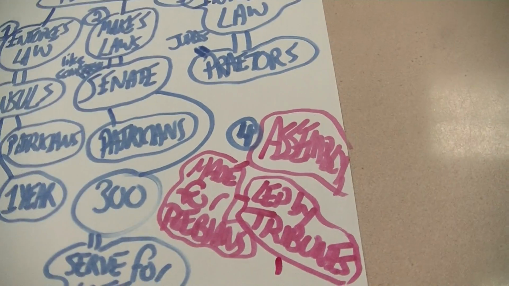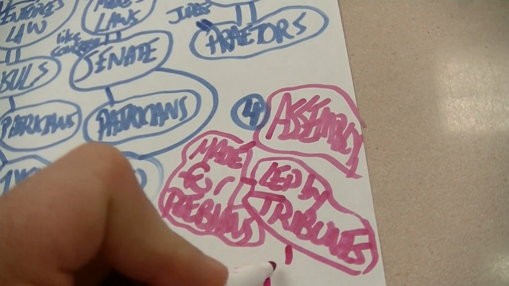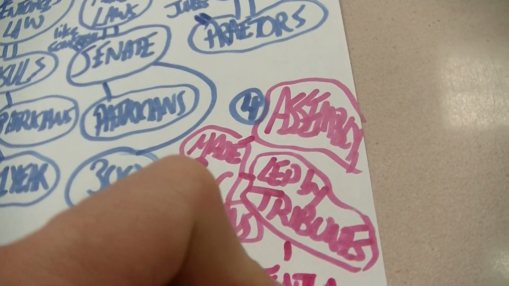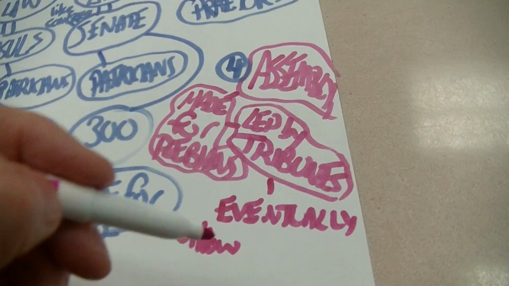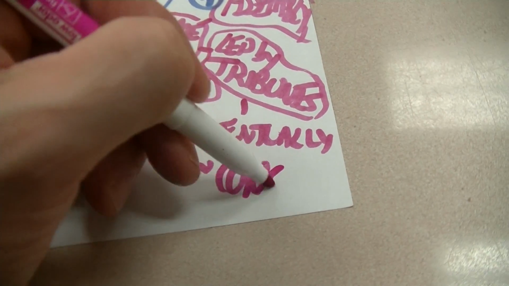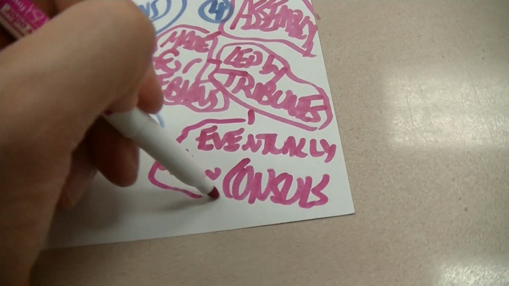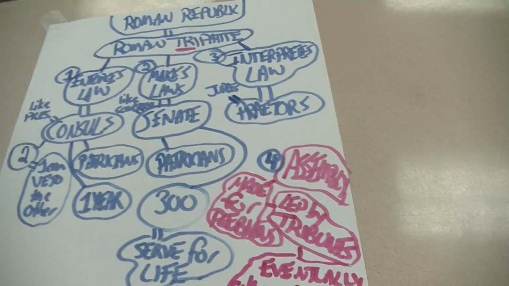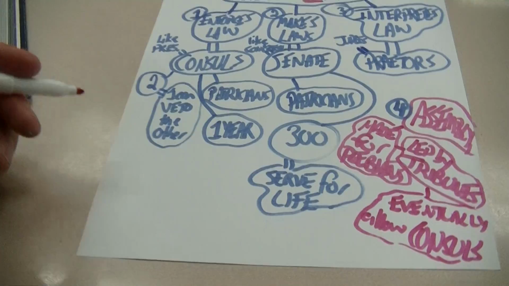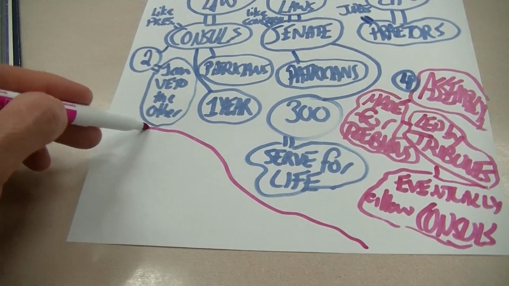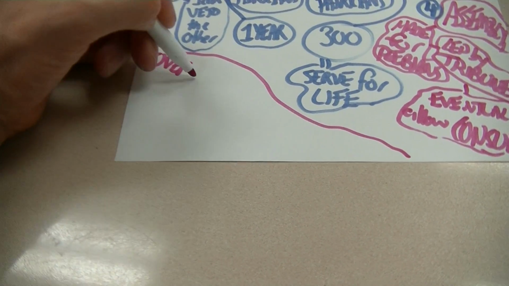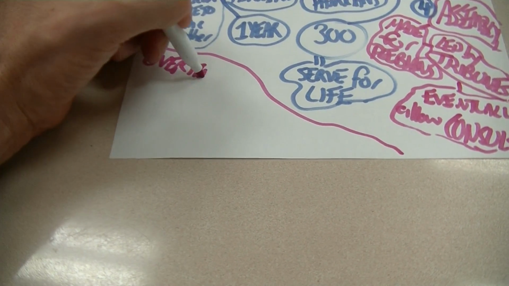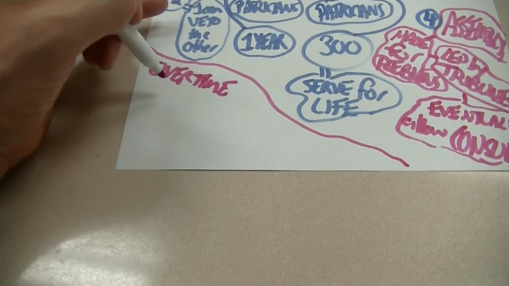All right. Time goes on. They eventually allow them to become consuls. That's right. All right, changes are made. There's more equality, and they're eventually allowed to become consuls. So we'll put a little phrase down here on the bottom like this. Over time, changes happened.